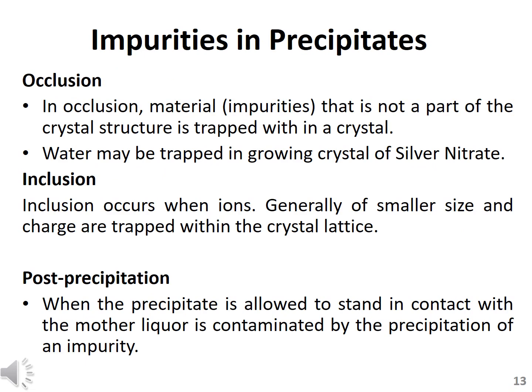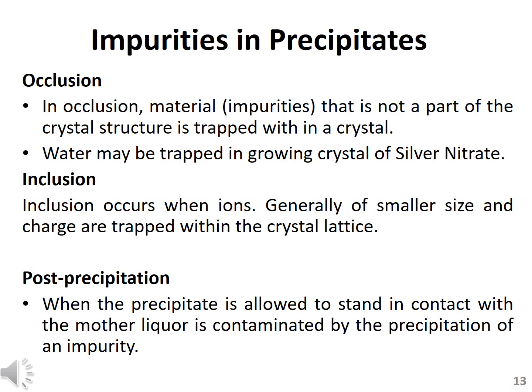When we are dealing with gravimetric analysis, there are some terms known as occlusion, inclusion, post-precipitation, and co-precipitation. These terms are usually employed when we are dealing with impurities in the precipitation process. Occlusion occurs when an adsorbed impurity gets physically trapped inside the crystal as it grows.